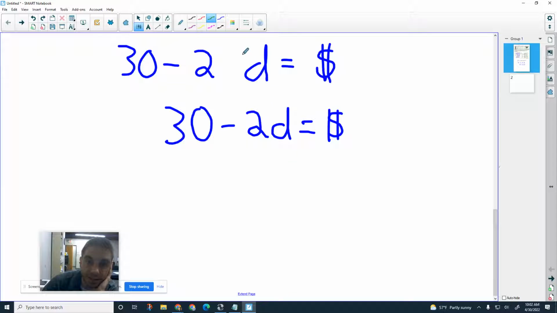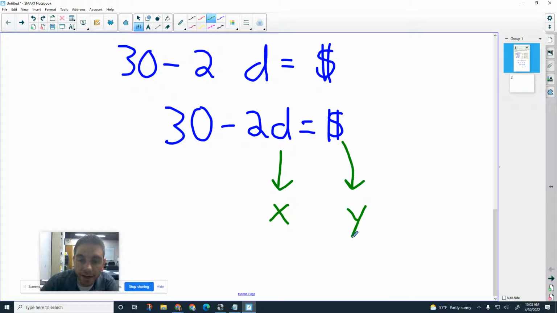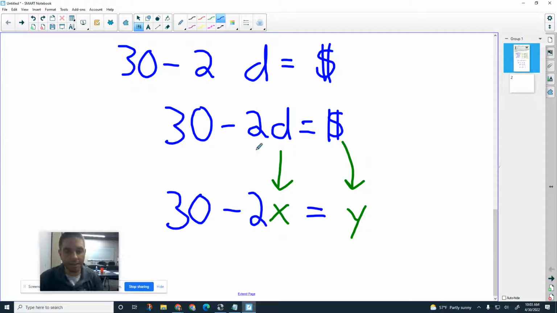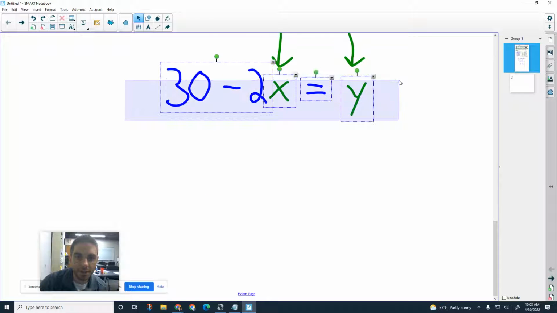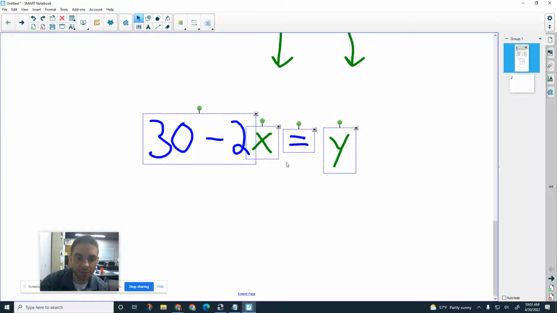We're going to change these abbreviated letters like D to the letter X. And we're going to change the money sign abbreviation, the money that remains in the envelope, to the letter Y. And then we're going to keep everything else the same. And now we have a sentence in algebra that is pure algebra language. 30 minus 2x equals y.